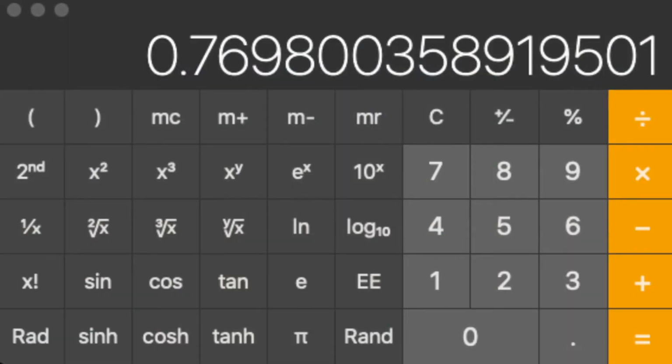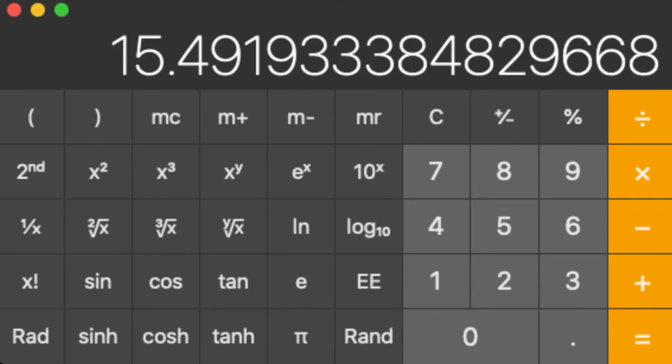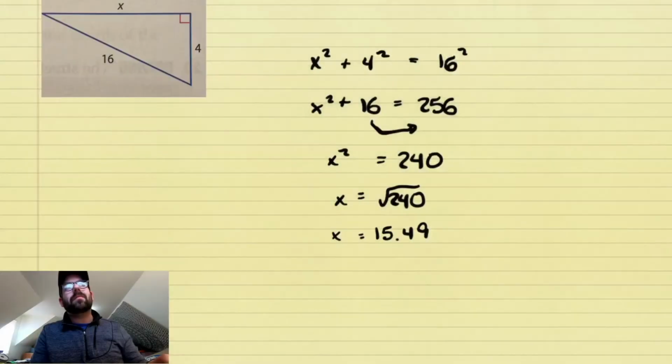Let me use my calculator to show you that. The square root of 240, I have to type in the number first, then hit the square root key. It's 15.449, and that's the number we're looking at. Again, this is an approximation. It's not an exact number, so hopefully that makes sense.